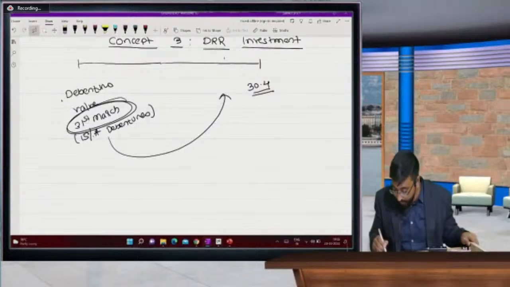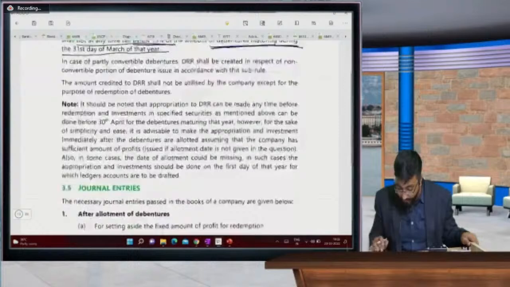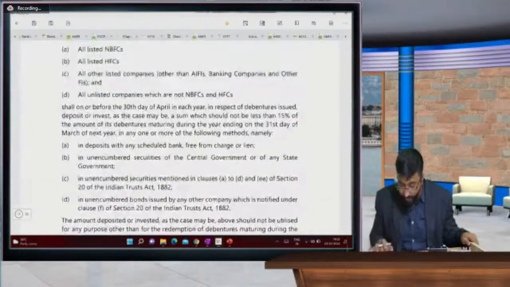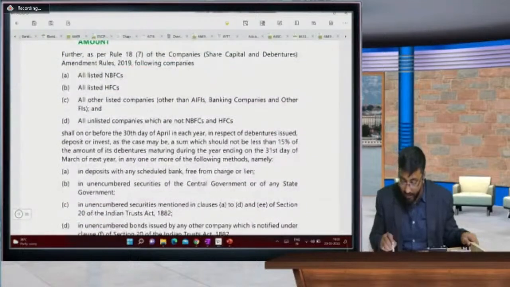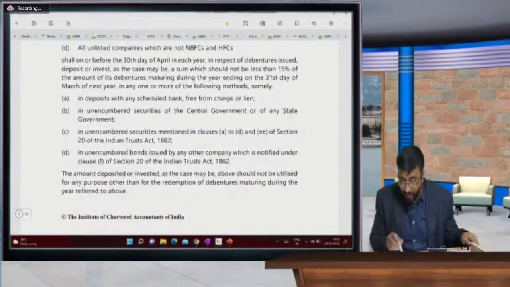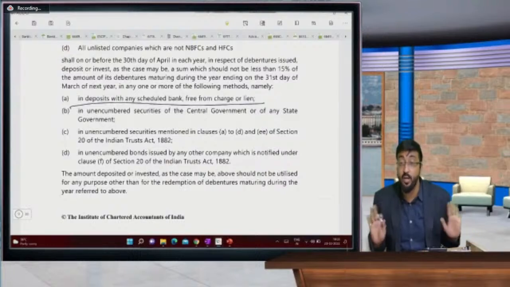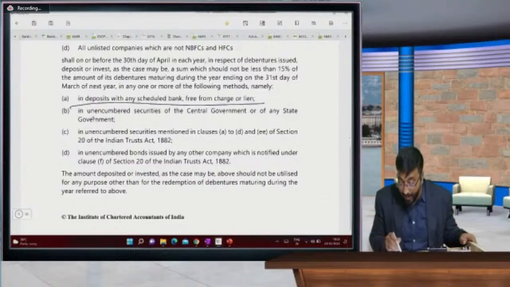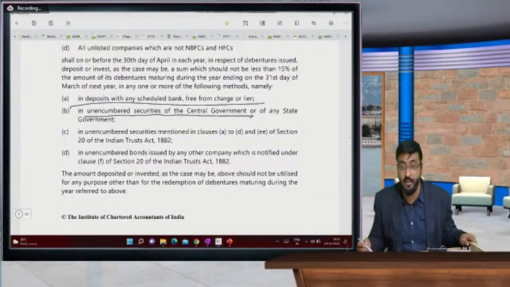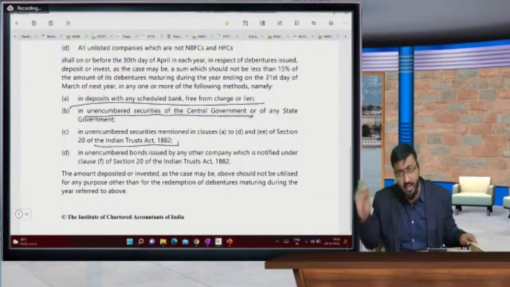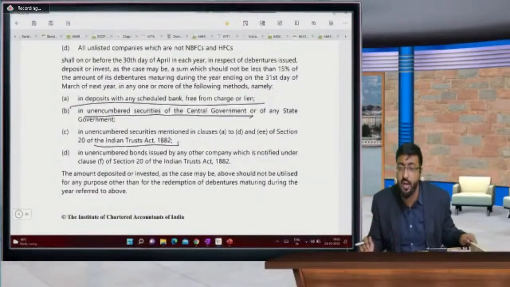That investment will be, you can see here, given where to invest: in deposits with scheduled banks. So suppose if you deposit with Vijay Mallya, not allowed beta. And unencumbered securities of central governments or state government. Or as per Indian Trust Act, given there are some securities, you will understand it in your articleship.